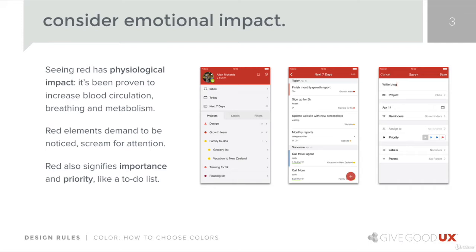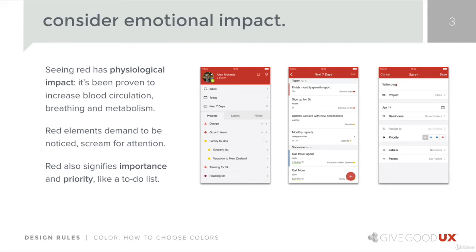Here's another example. This is a to-do app on the Google Android platform. Notice that big red header at the top. Okay, notice the big red plus button down at the bottom, which is how you add a new event. It is impossible to take your eyes away from those areas. You also see it in the list, in those icons, all right?